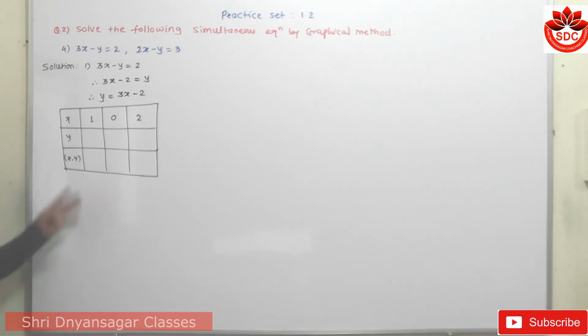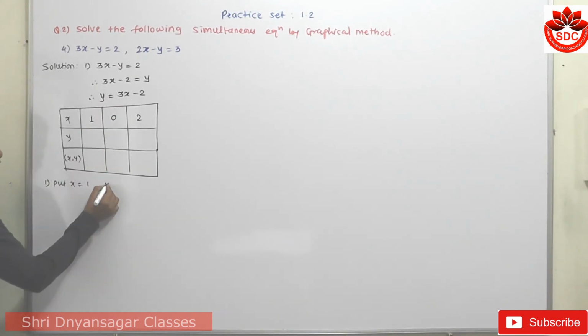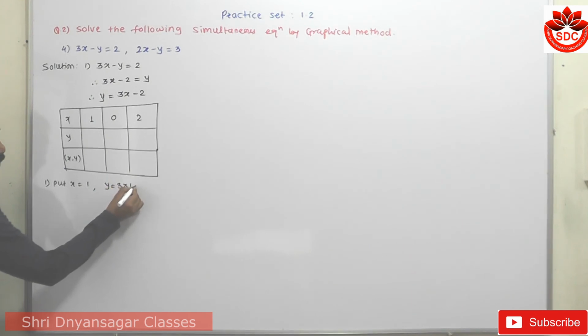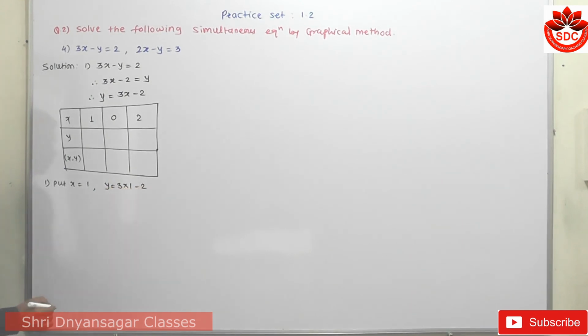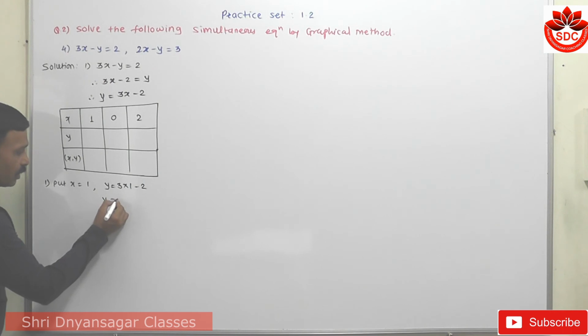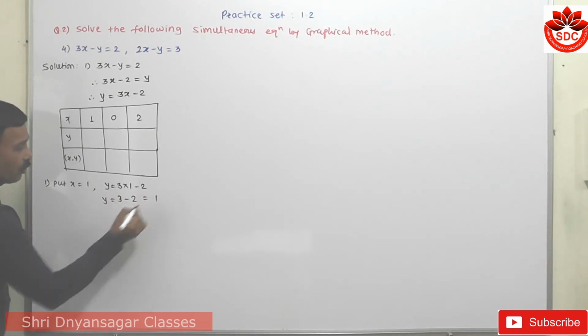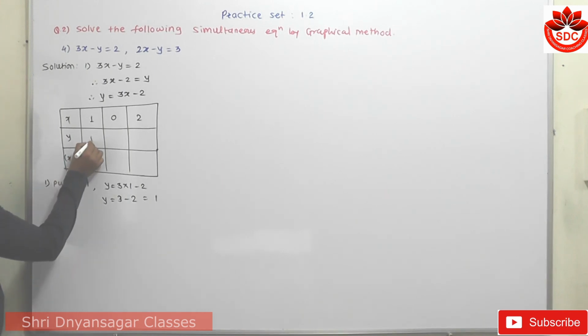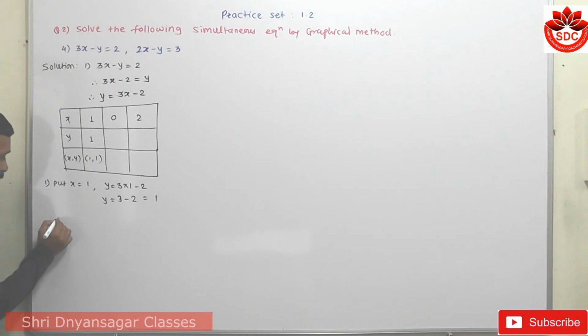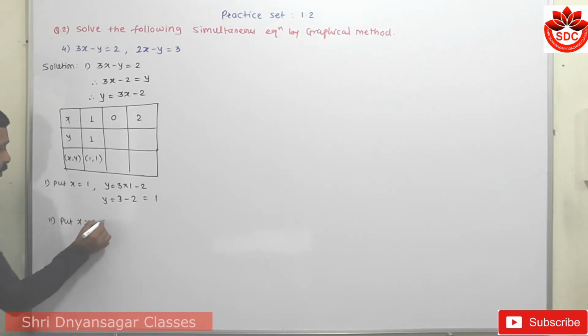Then I substitute these values and find the values of y. First put x is equal to 1 into this equation, then y is equal to 3 into 1 minus 2. 3 ones are 3, minus 2 is equal to how much? 1. The ordered pair is 1 and 1. Then second, put x is equal to 0.